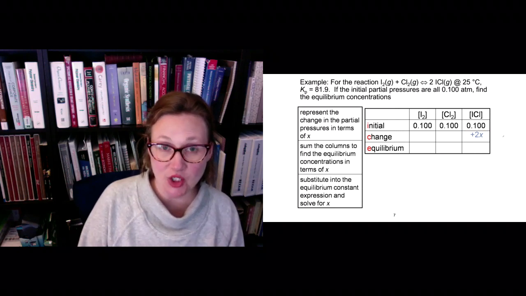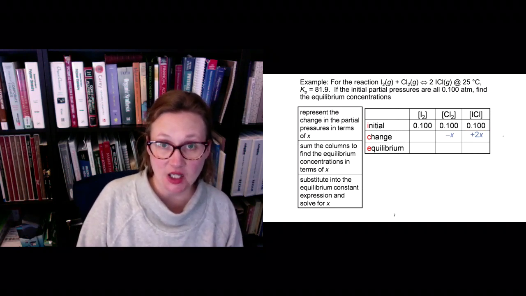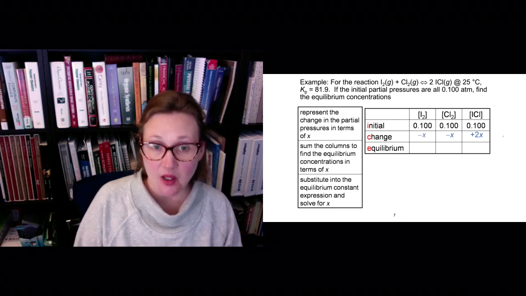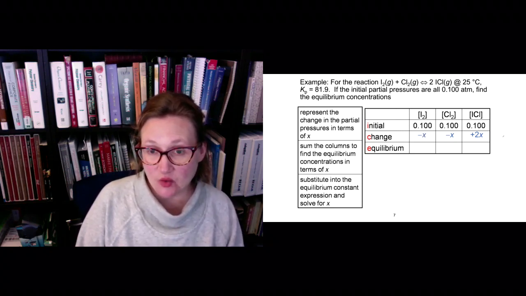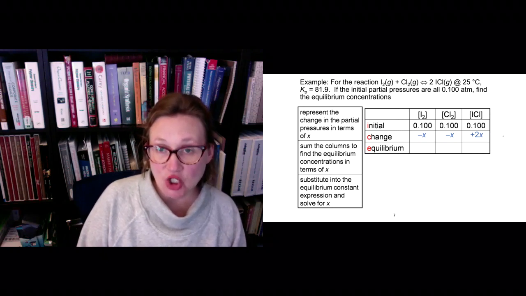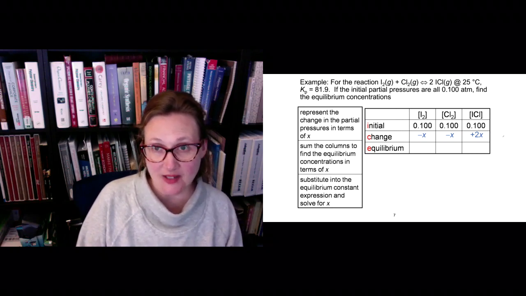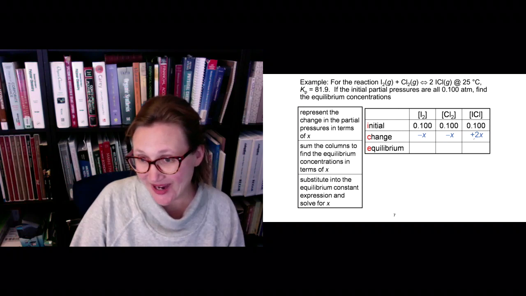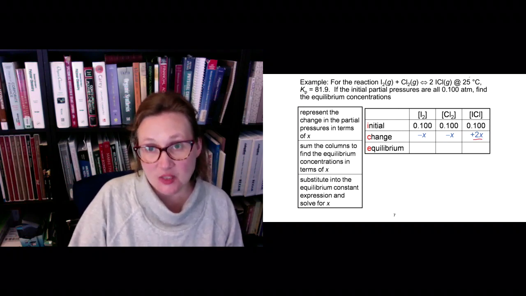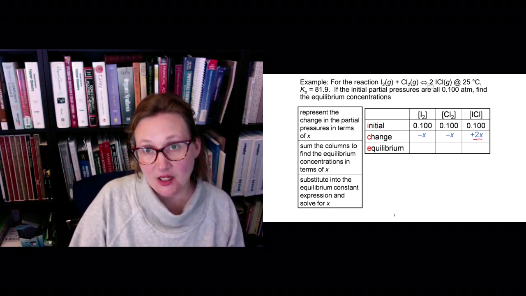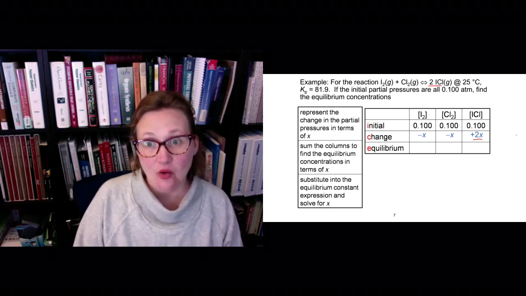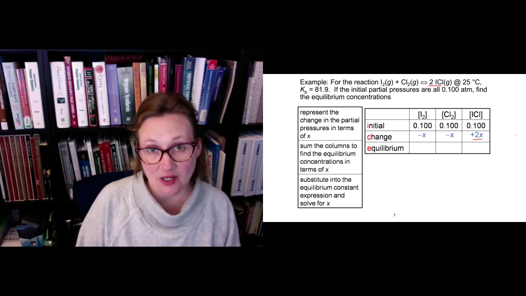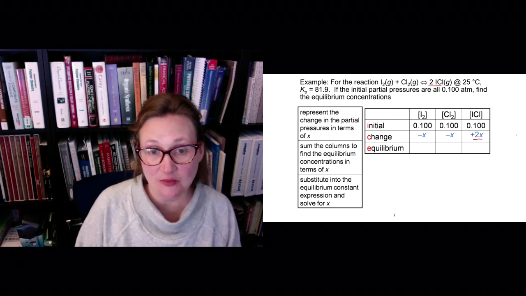Okay, so now we can start filling in those positive and negatives. So our change for our reactants will be negative, and our change for our product is going to be positive. But notice I put a positive 2x here, and that's because that is the stoichiometric coefficient. Those x's, you really need to keep in mind those stoichiometric coefficients.